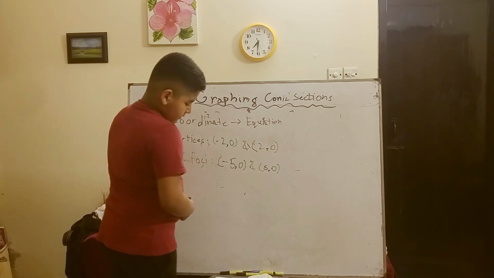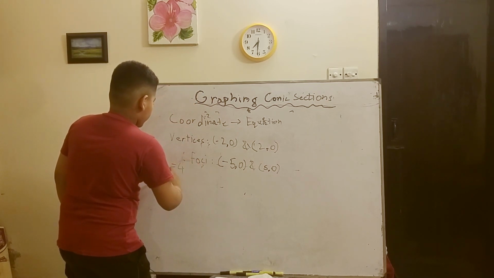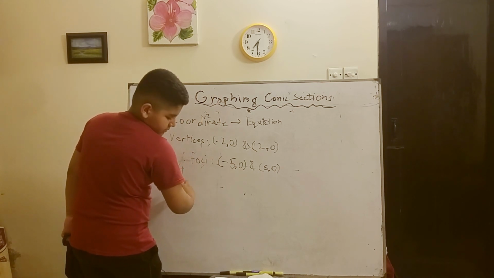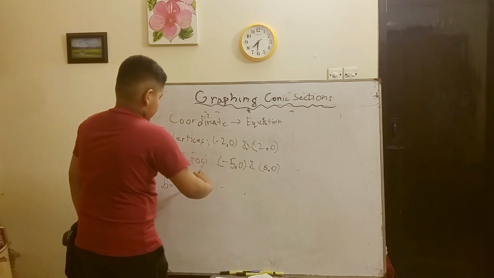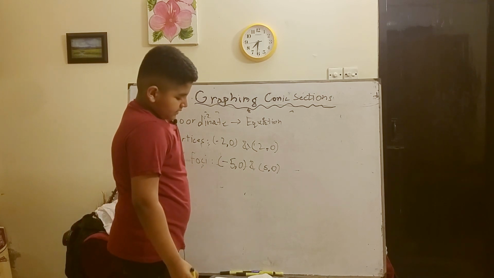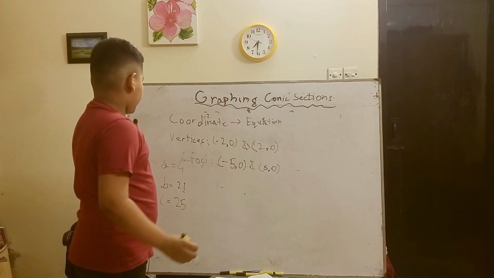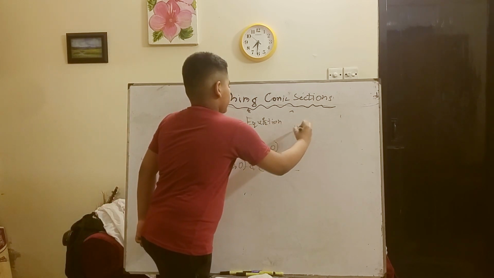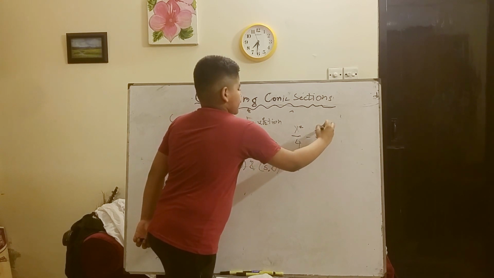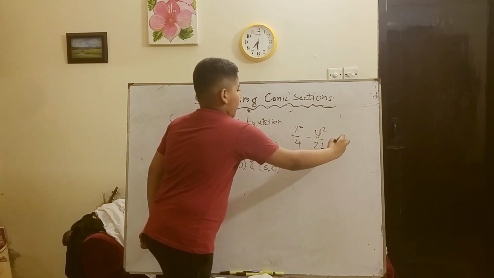And with all this, we can understand that a equals 2, b equals the square root of 21, and c equals 5. And so the equation for this is x squared over 4 minus y squared over 21 equals 1.